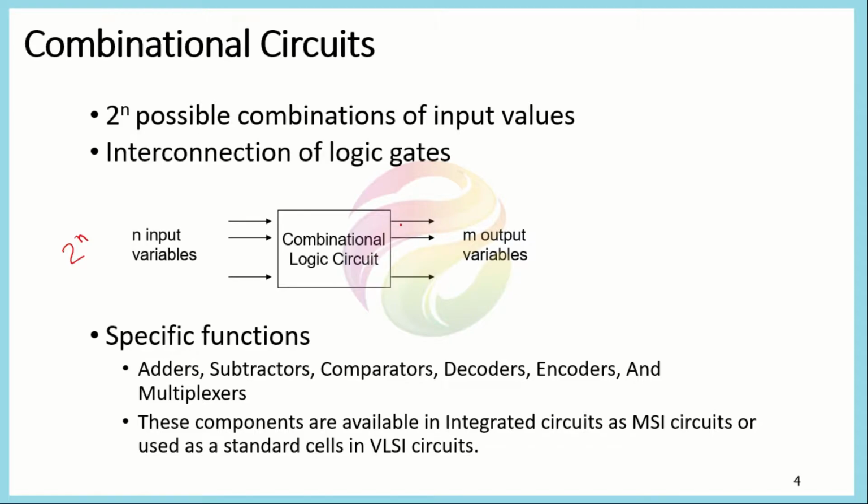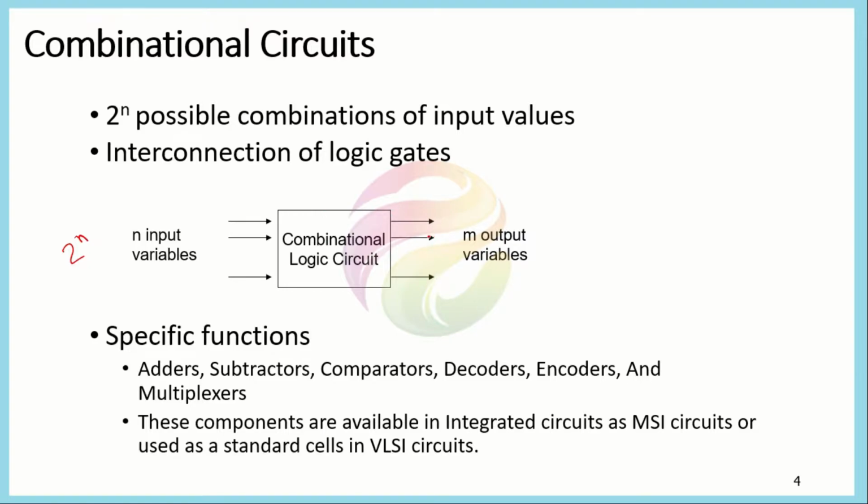If we develop a truth table for this combinational logic circuit or any given Boolean function, say a 3 input system, then we would have 8 combinations in the input. For each combination or each minterm, we would have a value of either 1 or 0 on the output of the function. Similarly, this happens for the next function and for the next one.